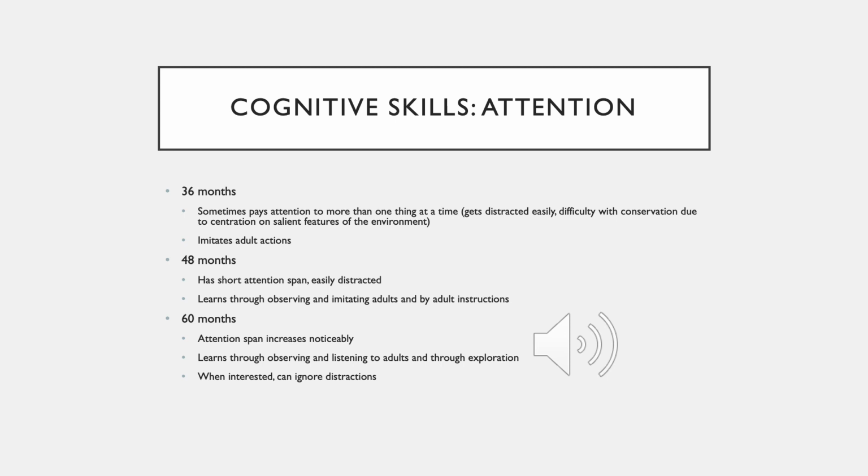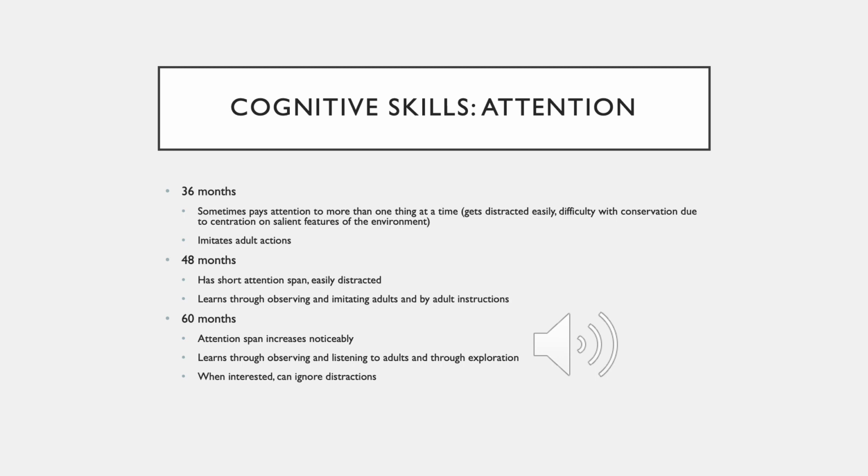And so they have a hard time paying attention to more than one thing at a time. So, for example, if an adult is talking, but there is a lot of noise going on in the background, or maybe something is happening next to a child.